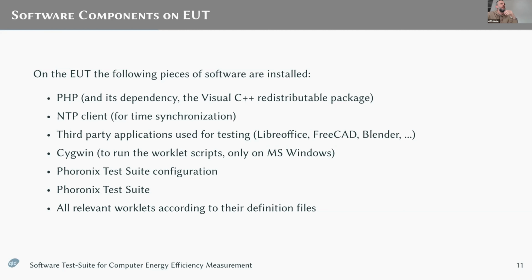Just to give you a couple of examples: LibreOffice, FreeCAD, Blender, all of them free software components that we use as the core for the definition of the worklets. We also need Cygwin as support for running all the scripts that are part of the tool on Microsoft Windows computers. We need a certain Phoronix Test Suite configuration, the test suite itself, and all the worklets according to the specific definition that we have in the XML.